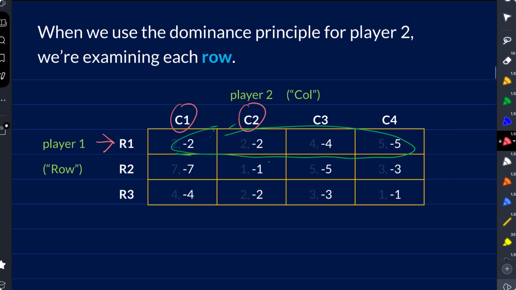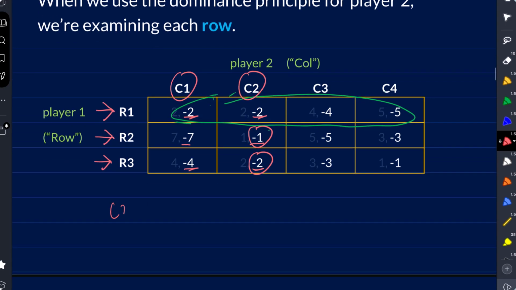If R1 happens, they're the same. If R2 happens, C2 is better. And if R3 happens, C2 is again better. So C2 dominates C1. That means that player 2 is never going to play C1 as long as he or she has the option to play C2.